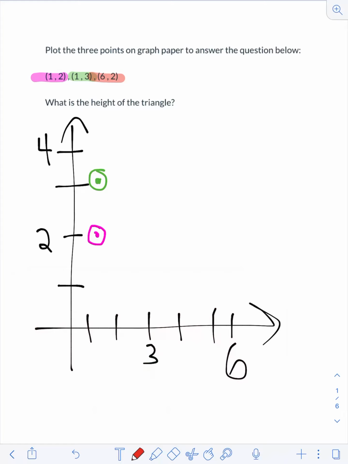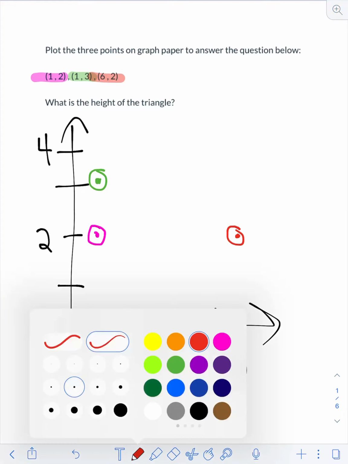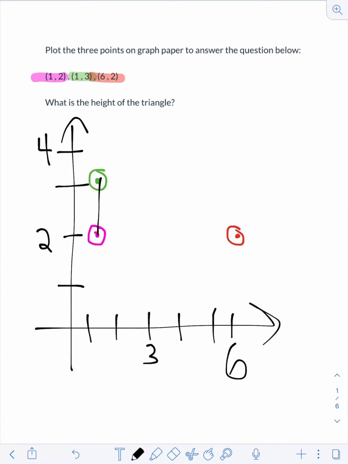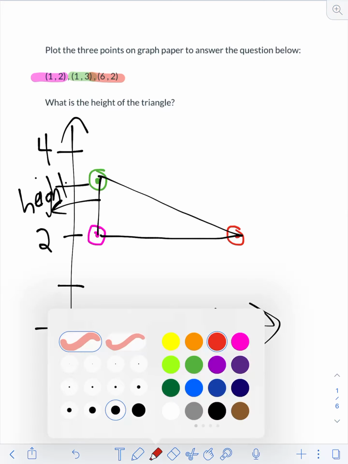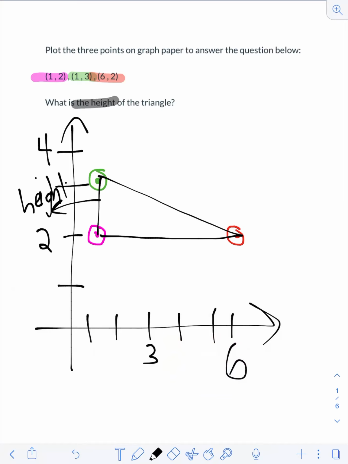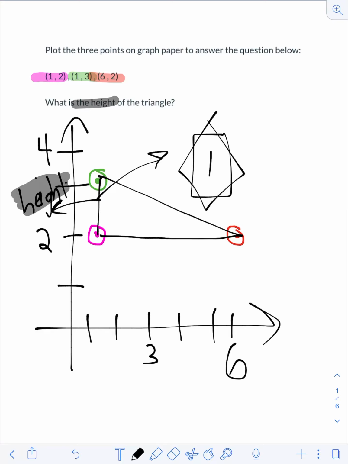And 6, 2 is over 6, up 2. That's a triangle, and this is the height, which is what we wanted to find. So the height here, that's the distance between 2 and 3. Well, that's just a 1. So that's the height of our triangle.